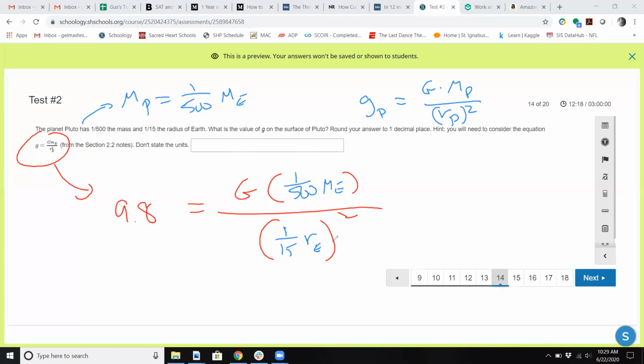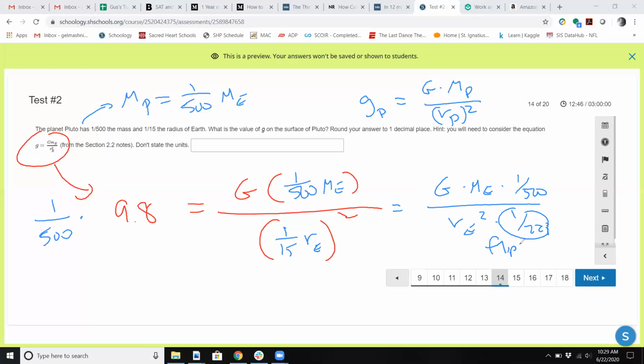So what this means is that the 9.8 is going to have to be multiplied by 1/500th because of the mass. But down below, the radius of Earth squared: if I square 1/15, it's 1/225, and that flips because it's on the bottom. So we multiply by 225 as well. So that's how you are going to calculate this.